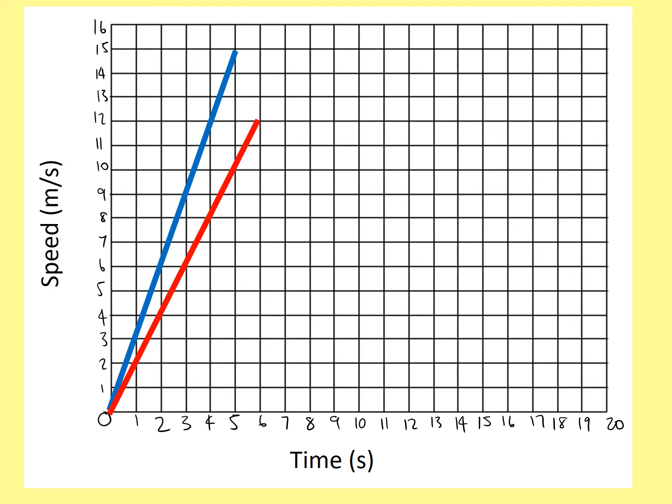If we compare both of those accelerations, this one down here was 2 meters per second squared, and the blue line was 3 meters per second squared. We can see that a steeper line represents a larger acceleration on a speed time graph.